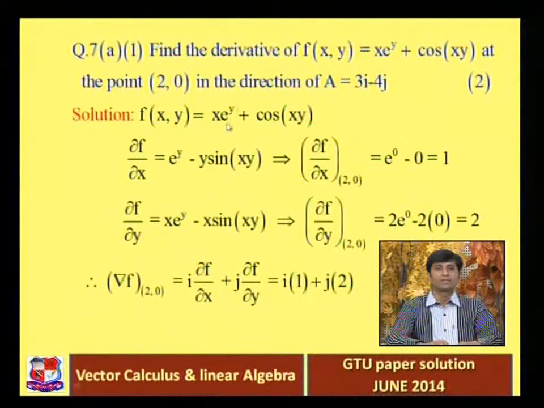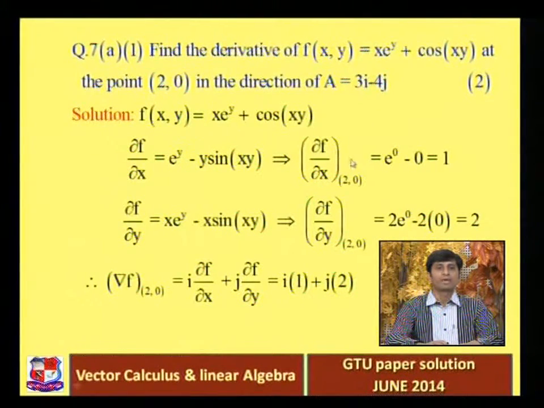So the derivative of x e^y with respect to x is e^y, because the derivative of x is 1. Then the derivative of cos is minus sin(xy), and since y is a constant, the derivative of xy with respect to x is y. So del f by del x is e^y minus y sin(xy).